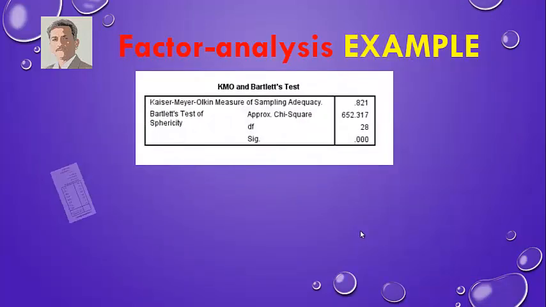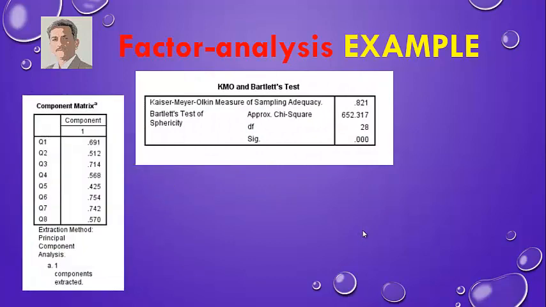As in case of the first variable, we have already gone through the practice that all the factors had greater than 0.4 factor loading, so they were all significant, and the KMO and the Bartlett tests both were significant, as we can see that 0.8 is the KMO, which is greater than 0.7.